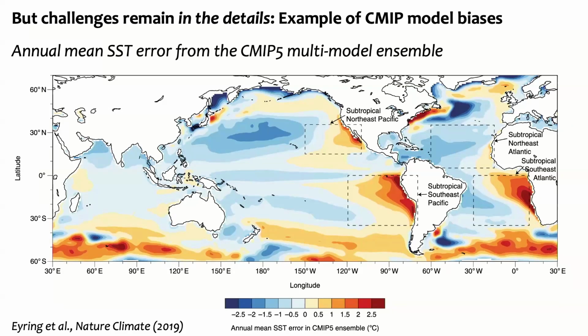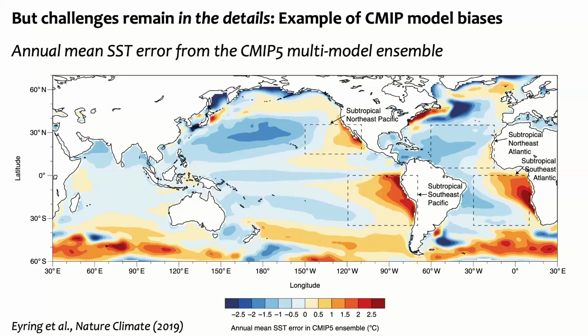But let's not talk about this for now. Even if we took the same model in an ensemble with perturbed parameters or initial conditions, the patterns have been fairly robust, across several generations of IPCC reports.